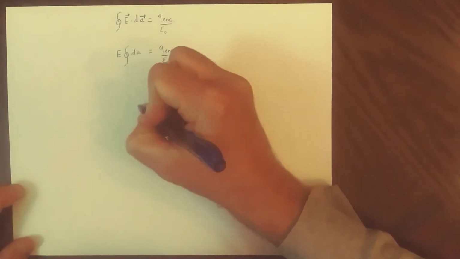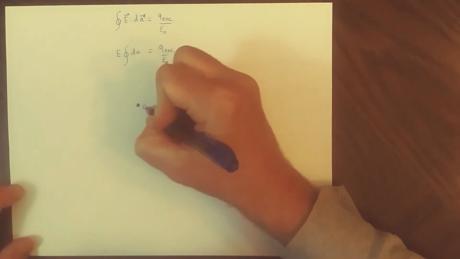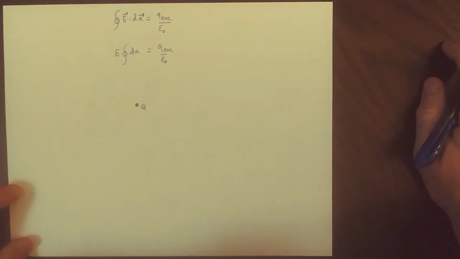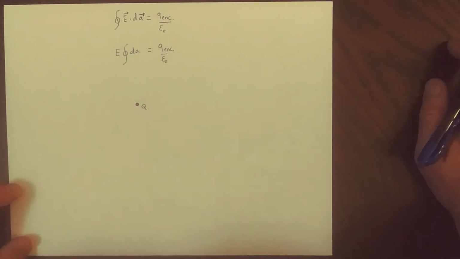So let's consider a point particle of charge, I don't know, capital Q. Okay, so we have a particle of charge big Q located in space, and we want to find the electric field using Gauss's law.